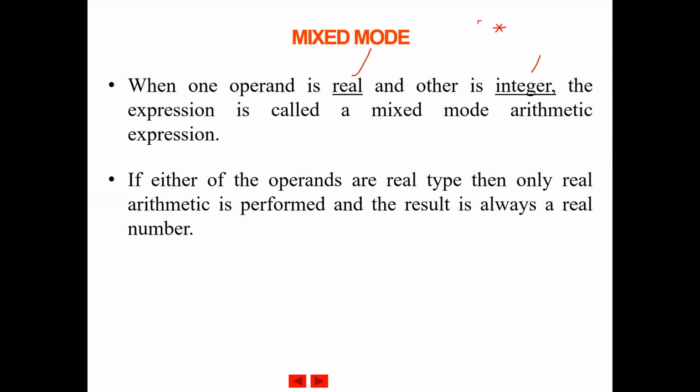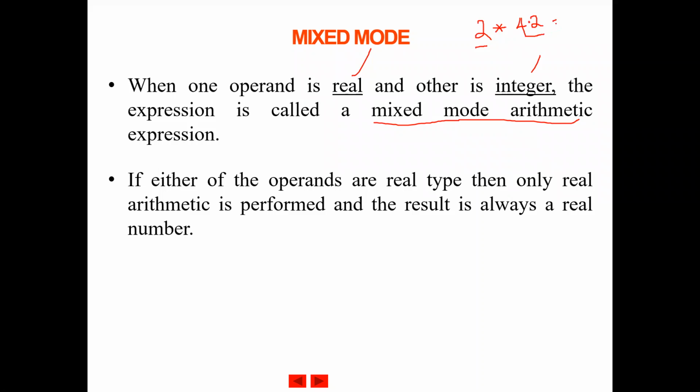Suppose one of the operands is an integer without any decimal part, and the other is a real number, that is with the decimal part, 4.2, what will happen? It is known as mixed mode arithmetic. One is integer, the other is a floating point number or real number. Then it is known as mixed mode arithmetic.